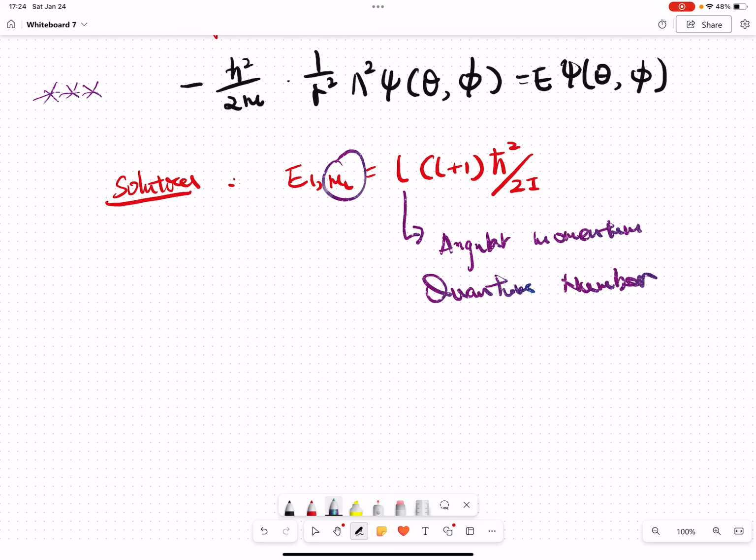In this case, you will find that in the normal condition without extra potential, ML does not change the energy.